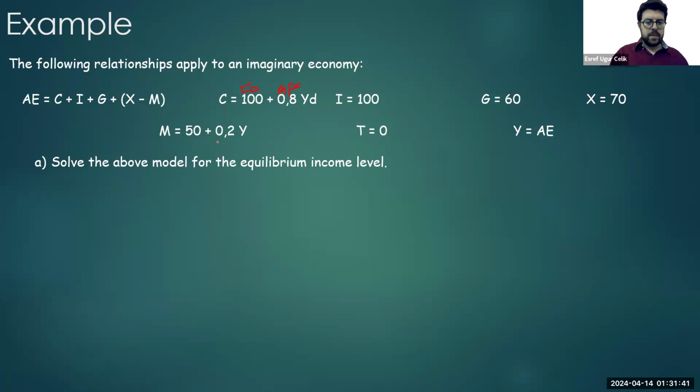This is MPM. And this is autonomous import part. And net tax is equal to 0. Okay. When I ask equilibrium in that type of question, you start with the aggregate expenditure.